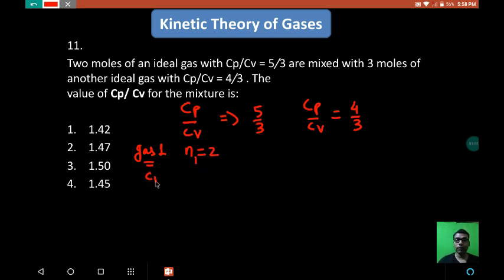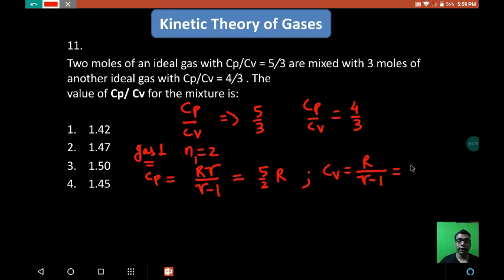Cp for this, by using the formula R gamma upon gamma minus 1, we put the values into it and we get 5/2 R. Similarly, we get the Cv value, we put in the formula R upon gamma minus 1. We get the value as 3/2 R. So these are the values for gas 1.